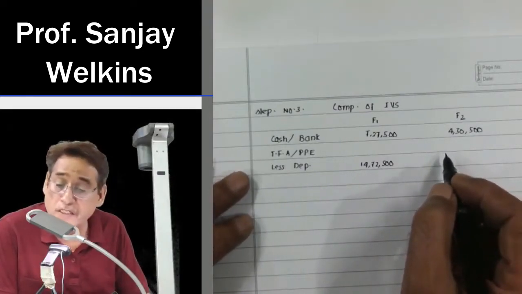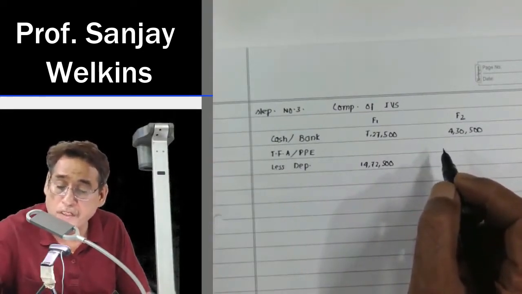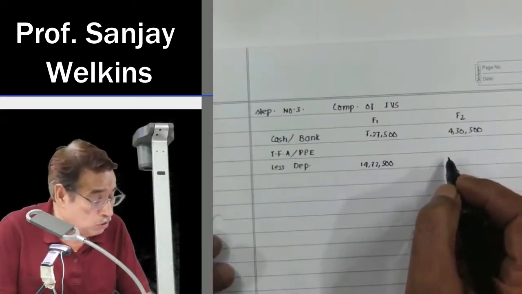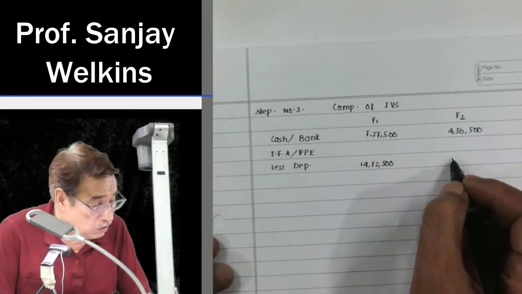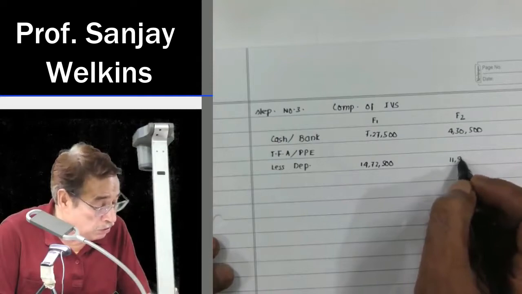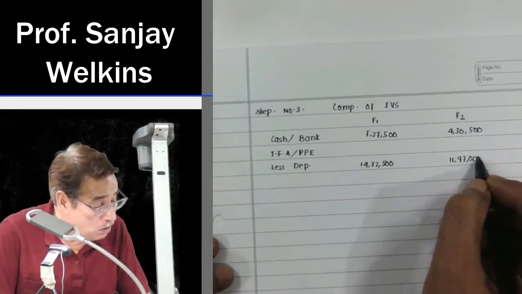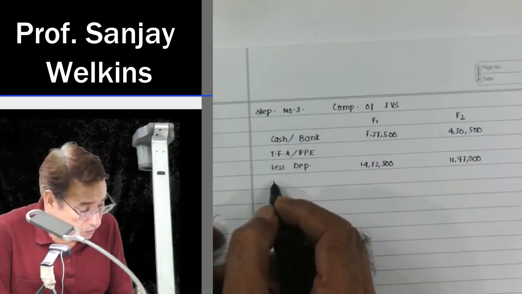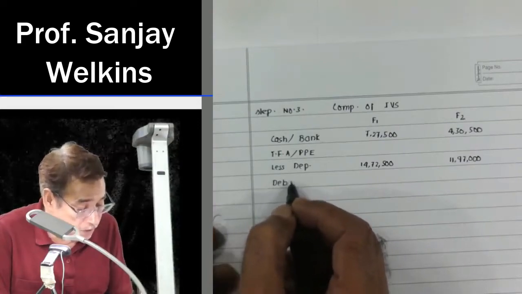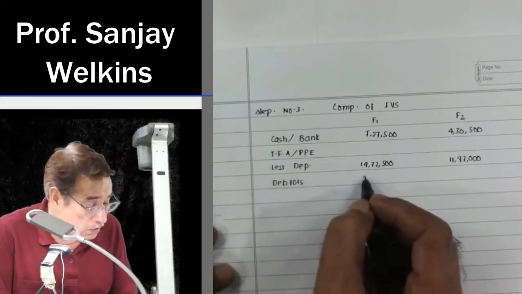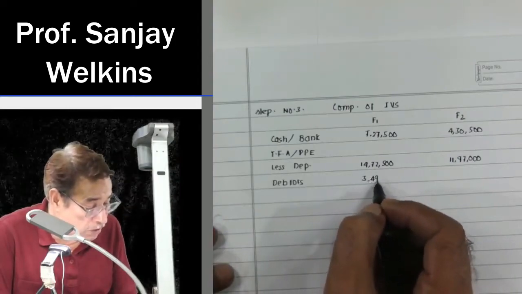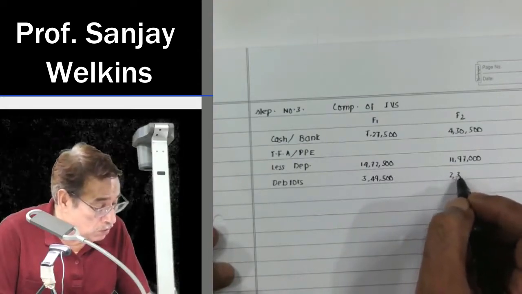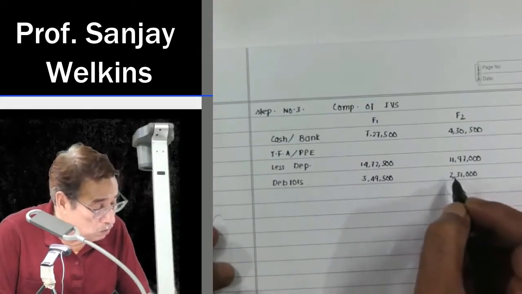Similarly, tangible fixed asset of this particular entity is 12,60,000, and you charge depreciation of 63. So 12,60 minus 63 will be equal to 11,97,000. Then we have been given debtors. As far as current assets are concerned, debtors is 3,49,500 and 2,31,000.